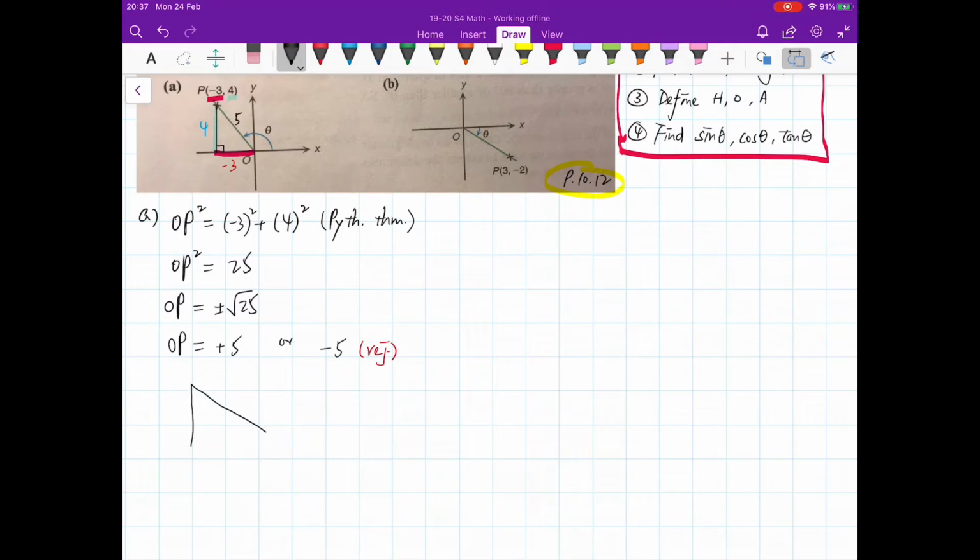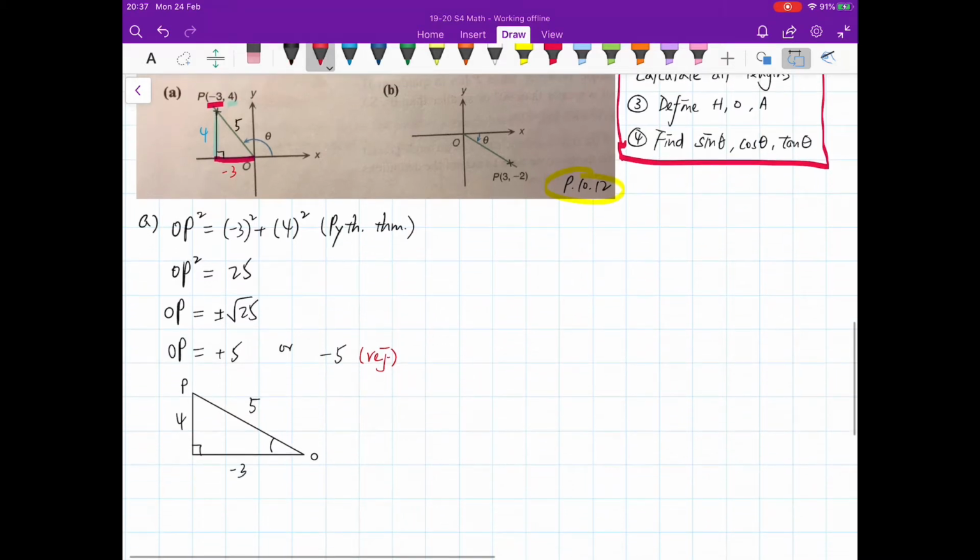And then I will draw the triangle again. So we know that for the horizontal distance, it is -3, and for the vertical distance, it is 4, and for the hypotenuse, it is 5. And then I mark down the angle.